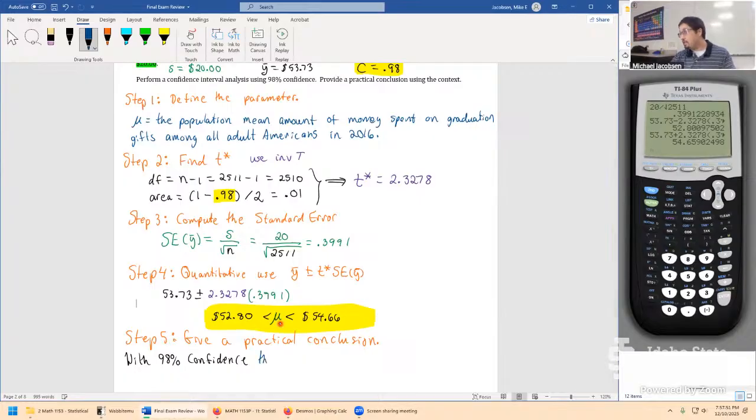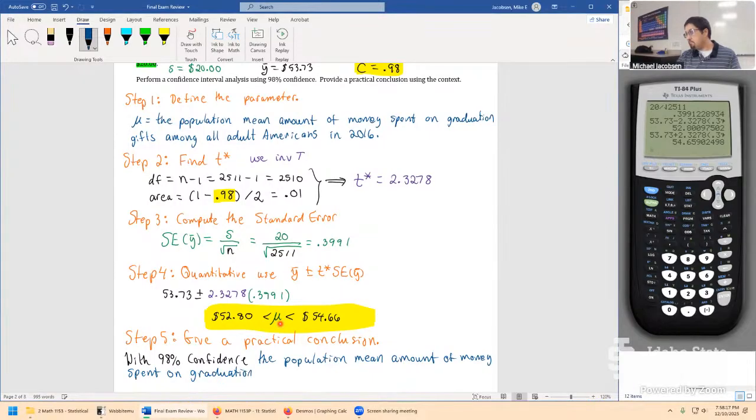We can say the population mean amount of money spent on graduation gifts among all Americans in 2016.